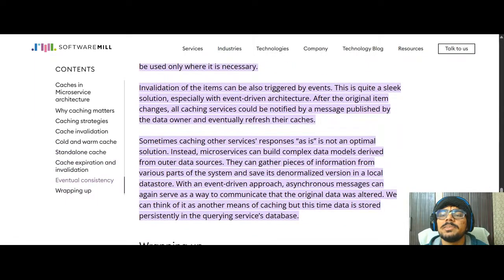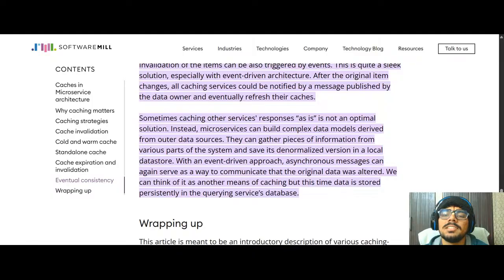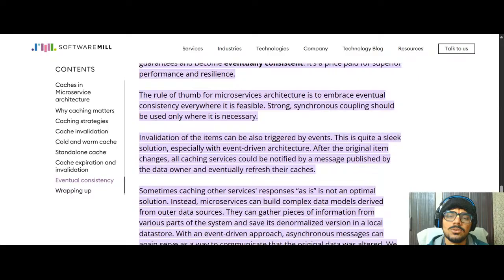Invalidation of the items can also be triggered by the events. Caching other services' responses is not an optimal solution. Instead, microservices can build complex data models derived from the other data sources. That's exactly what I said just now. When it comes to AI model training, that might cause a lot of problems as well, in case there is a lot of over-caching of different data, which might also include outdated data of your system.